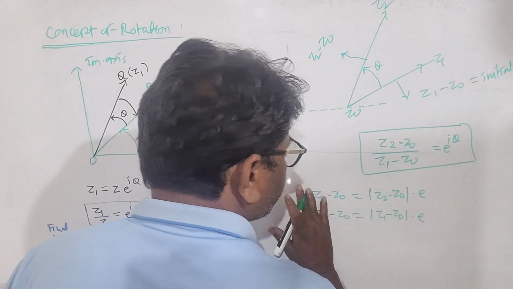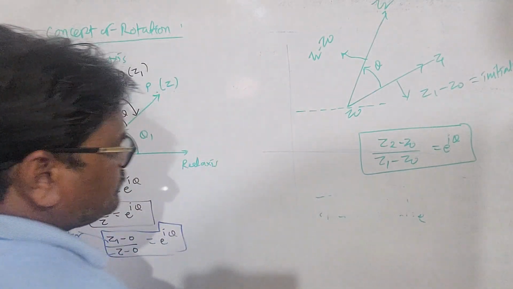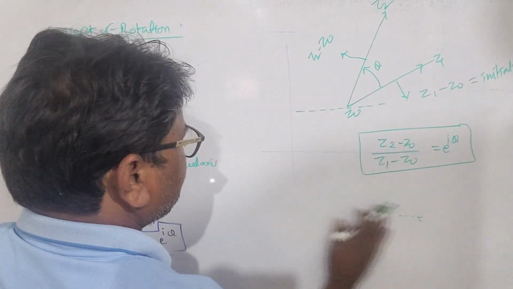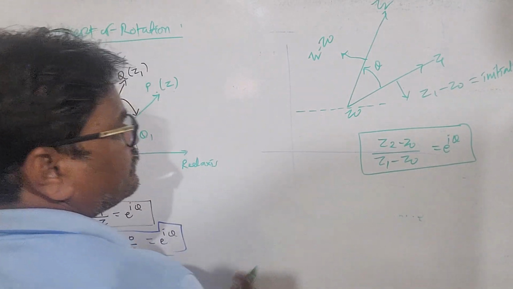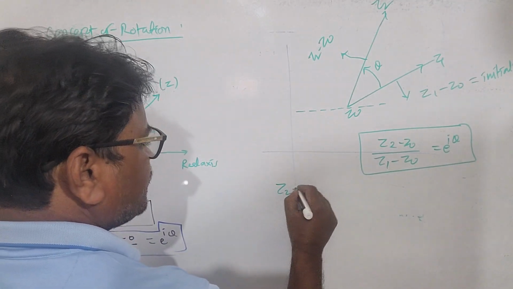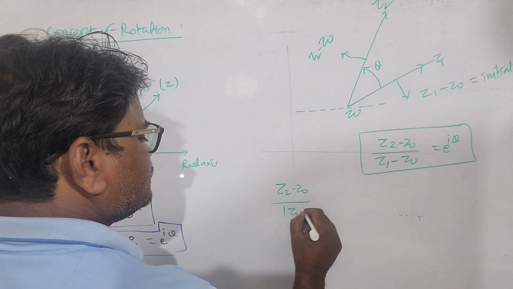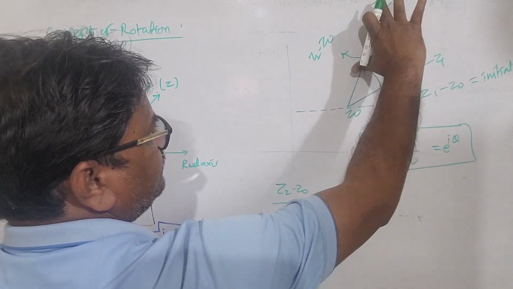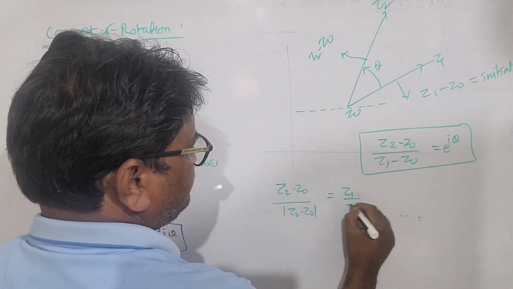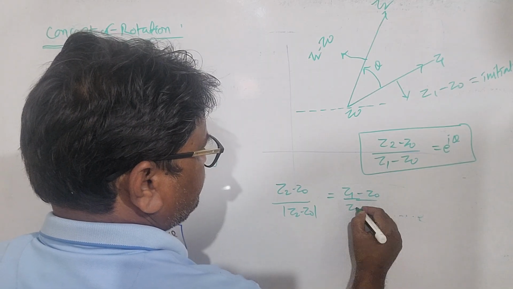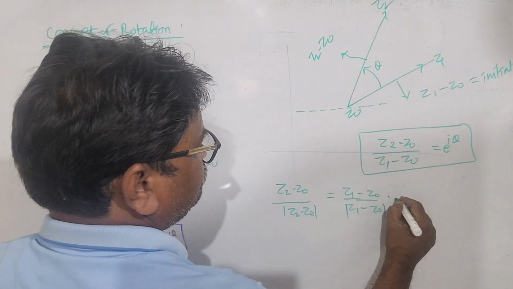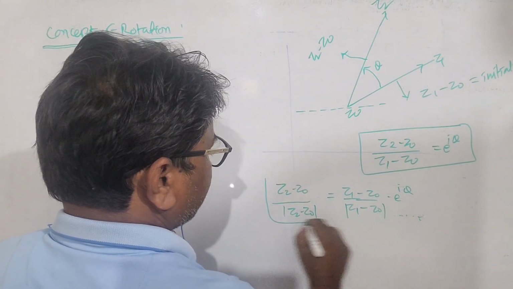Now, I can write this in this form: z2 minus z0 divided by modulus of z2 minus z0, that becomes the unit vector along this vector, equals z1 minus z0 divided by modulus of z1 minus z0, that becomes the unit vector along this vector, into e to the power iota theta.